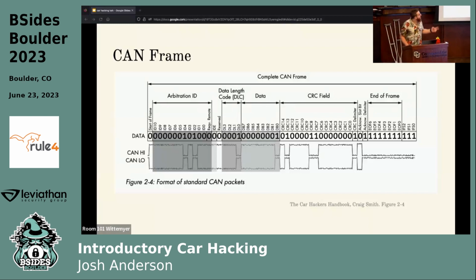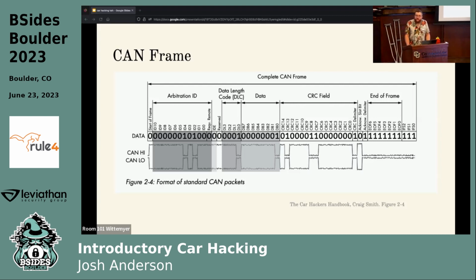The important part of this message that we're going to be looking at today is the arbitration ID and the data. The arbitration ID is that unique identifier that I mentioned earlier, and it doubles in functionality because it also serves to do arbitration of the messages. Lower arbitration IDs have higher priority on the bus.